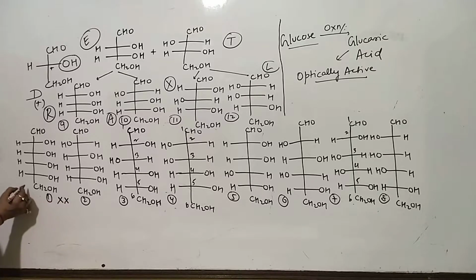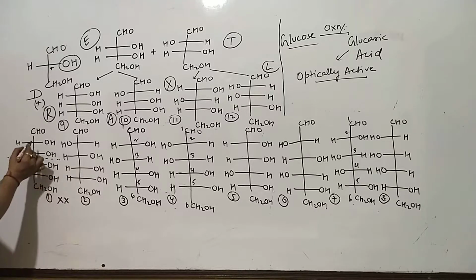Because if both ends become COOH, you need to visualize a bit, there will be a plane of symmetry. It will become a meso compound, so it will be optically inactive.